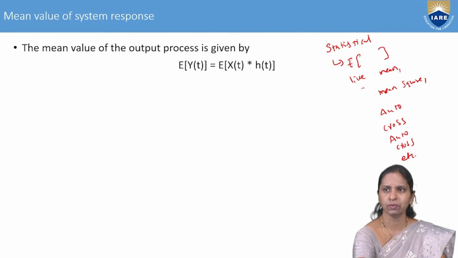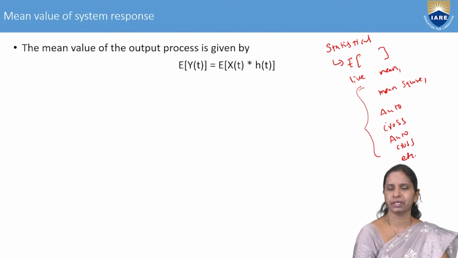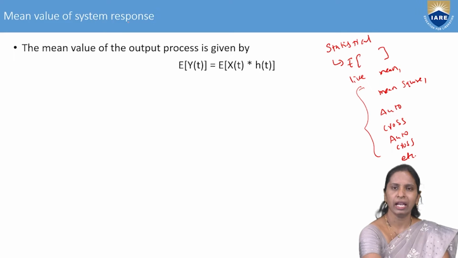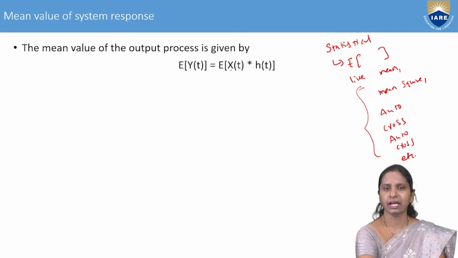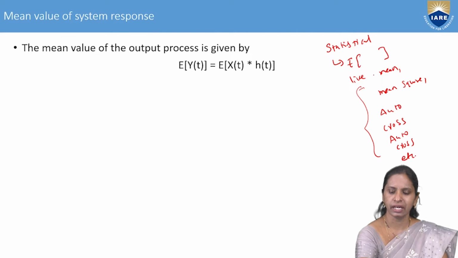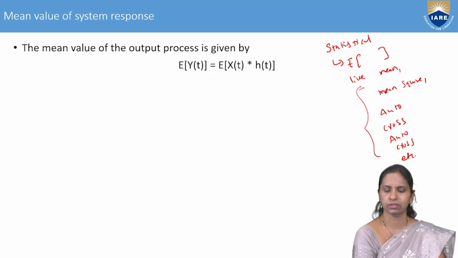All these are called the statistical properties. Now, like we have calculated the statistical properties of a random process x of t, in a similar manner we will calculate the statistical properties of the response of the LTI system also.